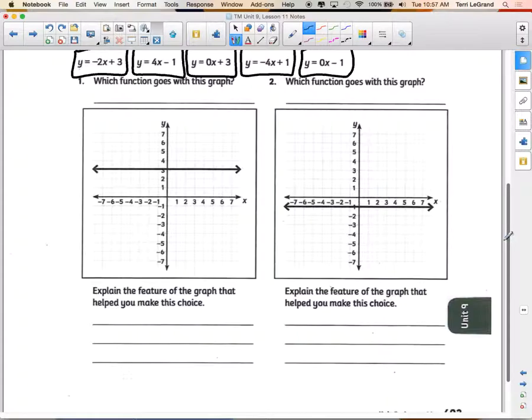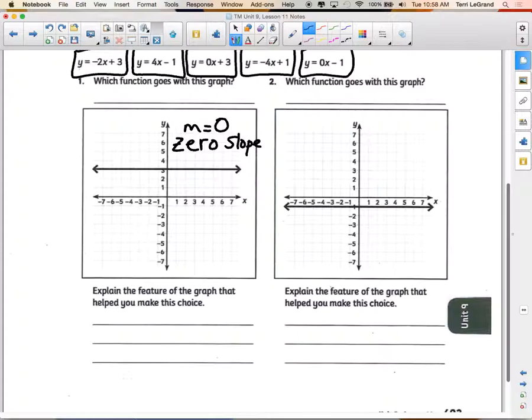Before we decide which function goes with this graph, we're going to do a couple of things. What kind of slope does it have? In other words, it's a horizontal line. So what kind of a slope does it have? Zero slope, because it's a horizontal line. So that means our m has to equal 0.